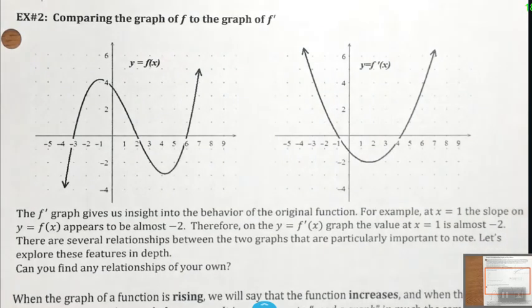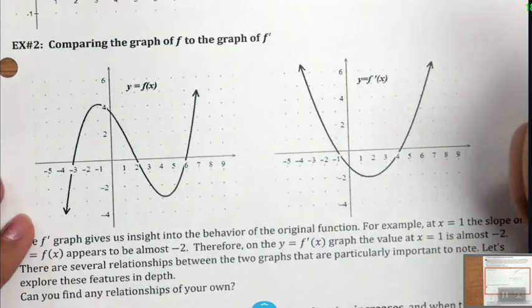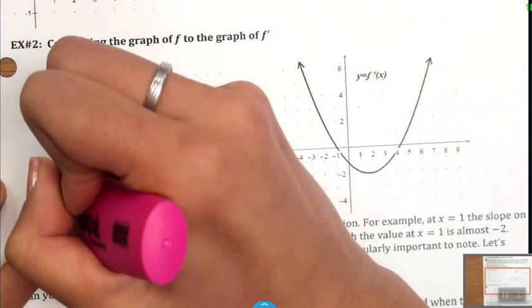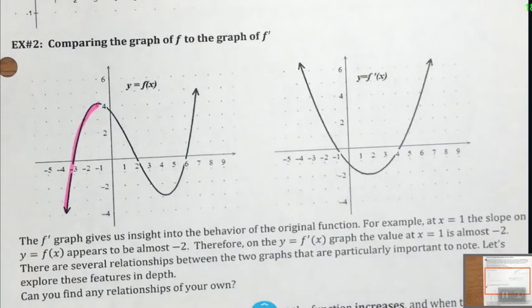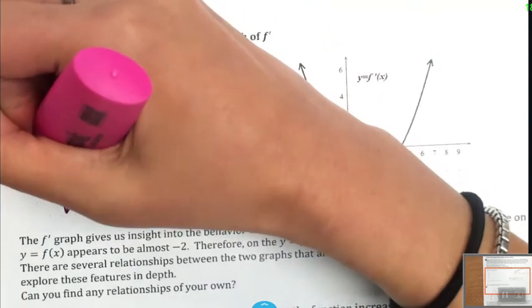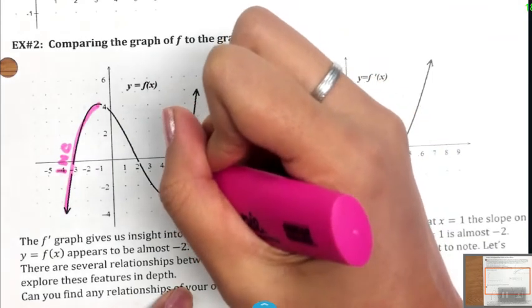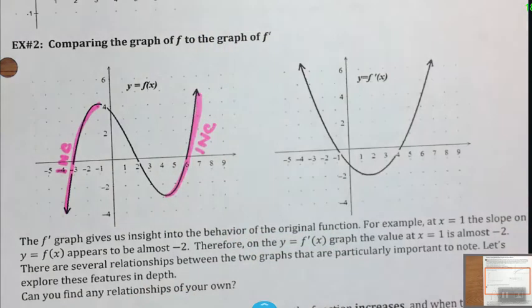Okay, right here, down here it just says, hey, look at the left and the right. We're just gonna talk about it here. So if you look from left to right, from here to here, what is the graph doing? What is f of x doing? Okay, increasing here, and then also from here to here, you are increasing on the f of x graph, right?